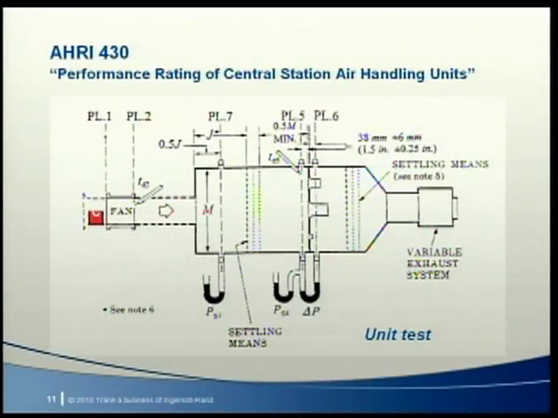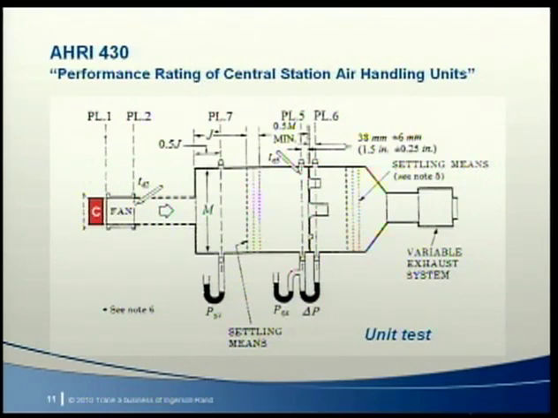Air handler manufacturers also comply with AHRI 430 to rate unit performance. This certification standard requires unit-mounted fans to be tested in their cabinets so that cataloged fan performance includes these internal losses. For draw-through configurations, it's common to mount a coil upstream of the fan to account for loss in fan performance due to inlet turbulence.